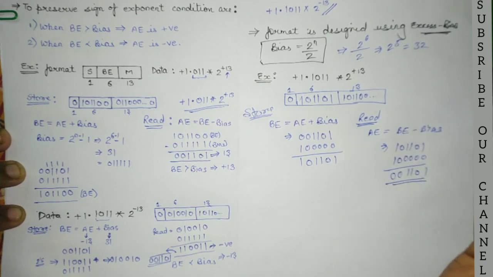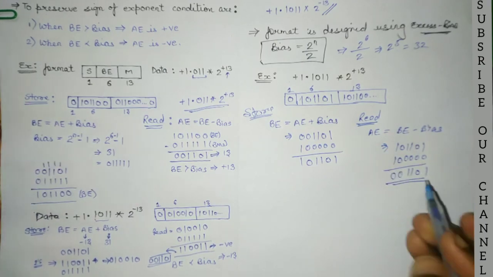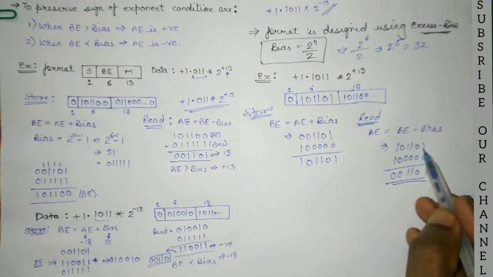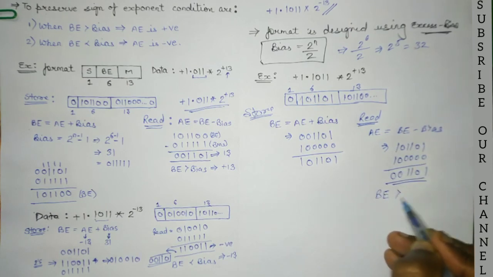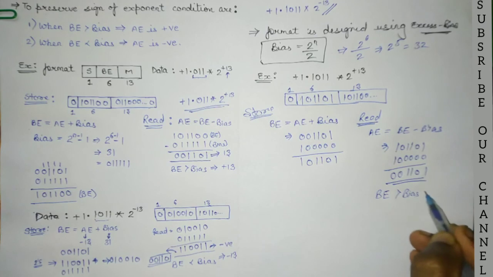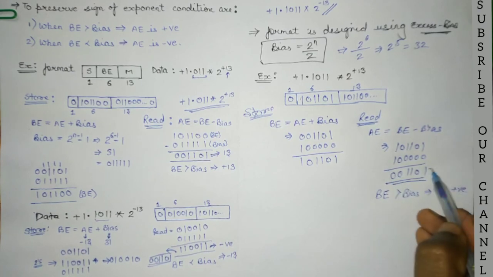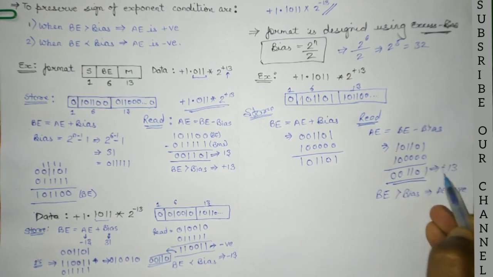Now find out the sign of the actual exponent. It will be positive, because the biased exponent is greater than bias. So if it is positive, no need to complement it. This will be plus 13.